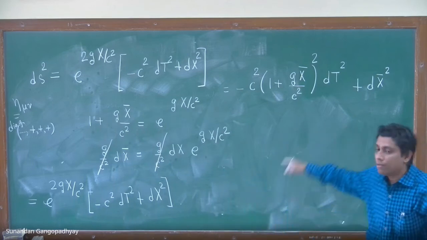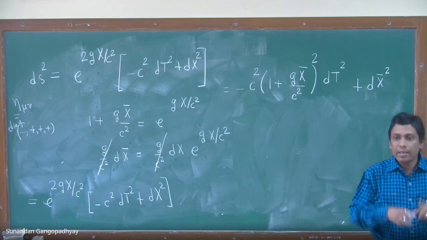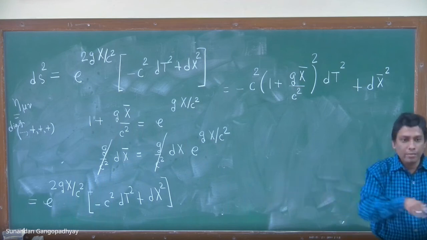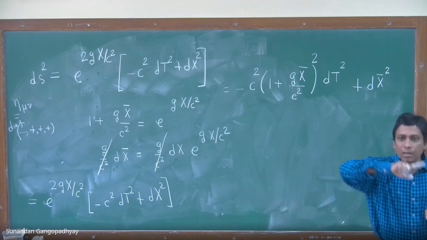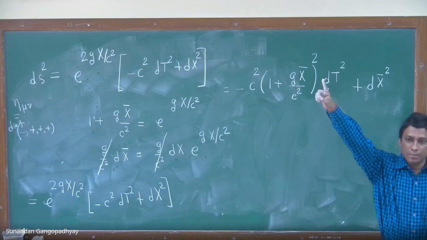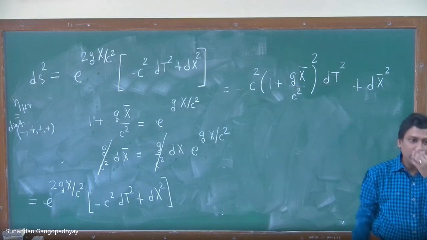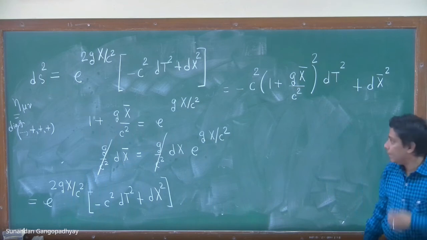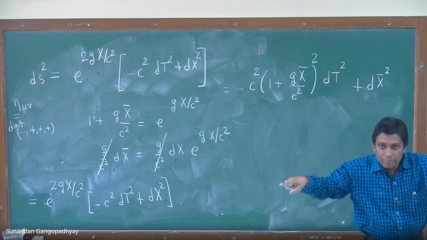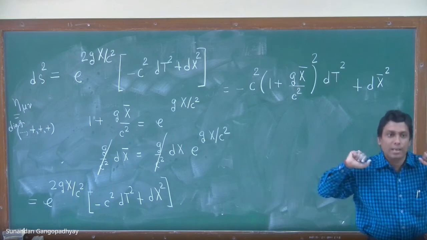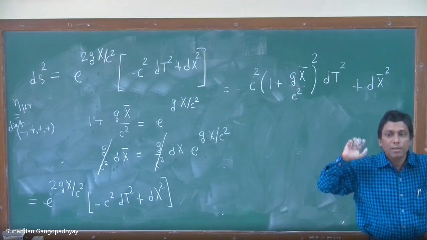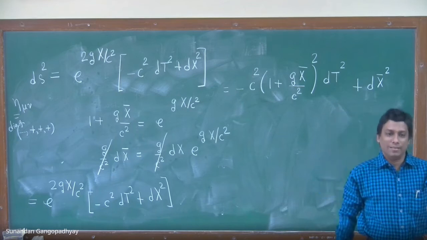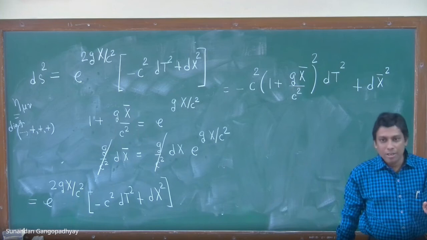So here what we had: there was no gravity, flat space-time, uniformly accelerating observer. By this quote unquote equation, the same thing is now this Tx frame, which is no longer inertial. This is in a uniform gravitational field.